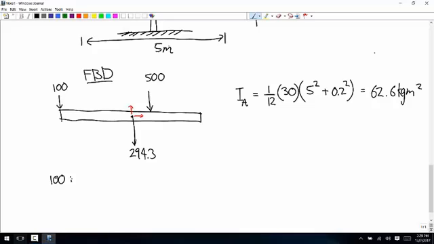And so the force is 100 newtons. The moment arm is 2.5. So you get 250 Newton meters, and we have to think about the direction. Would that 100 Newton force make it rotate clockwise or counterclockwise around the axis? Counter, yep.